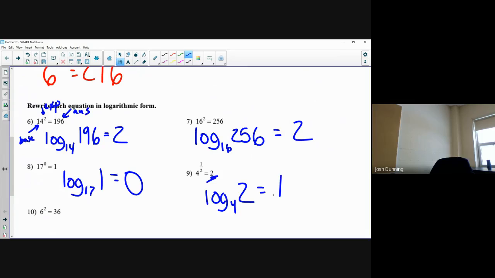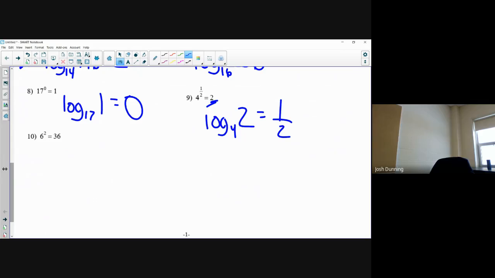The exponent they gave you that is 1/2. And then 10. The base is 6. The output, the exponent was 2. Base answer exponent. When you're converting.